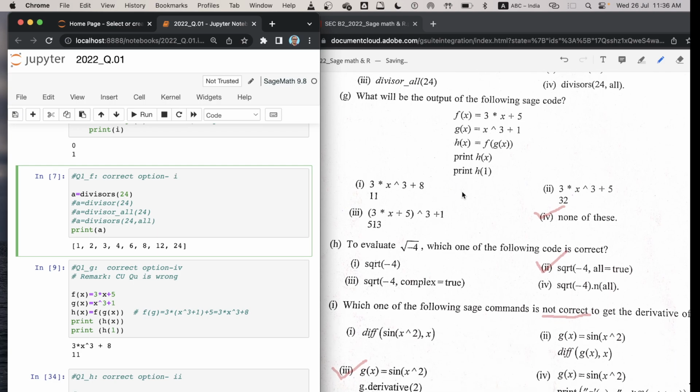Next question G. What will be the output of the following Sage code? f(x) equals 3x plus 5, g(x) equals x cubed plus 1, h(x) equals f of g(x), print h(x), print h(1).